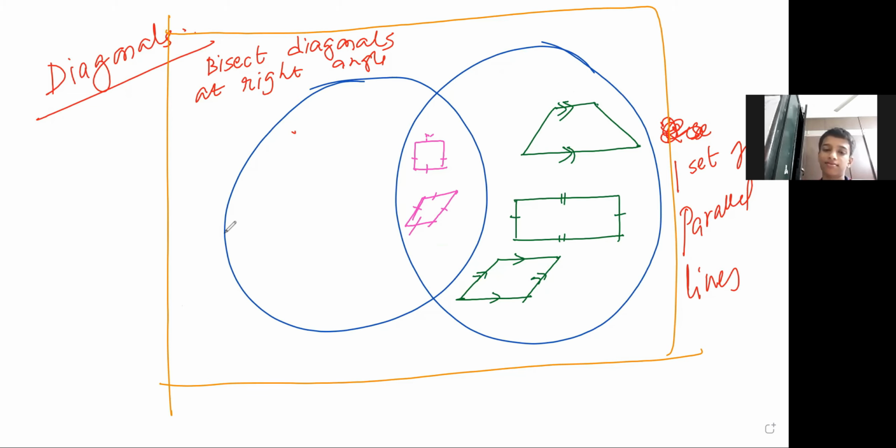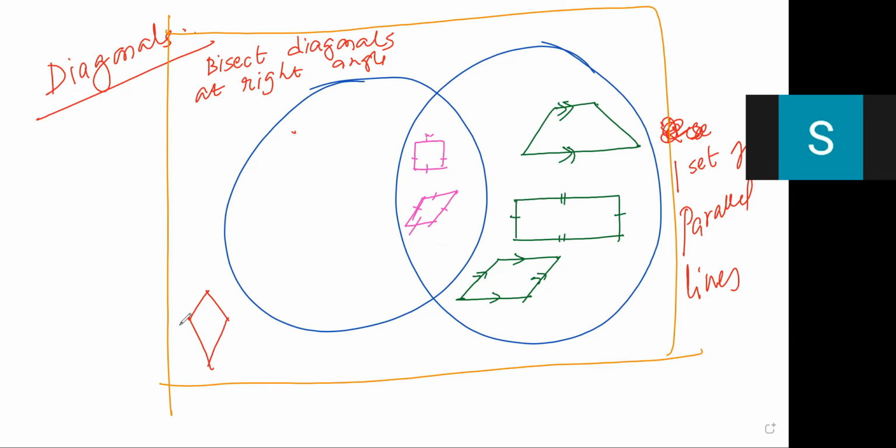You understand now? Kite will be outside because we do not have parallel sides in kite, do we? We don't. And in kite, we do not have diagonals that bisect at right angles. So this does not come here, sorry, because they do not bisect.